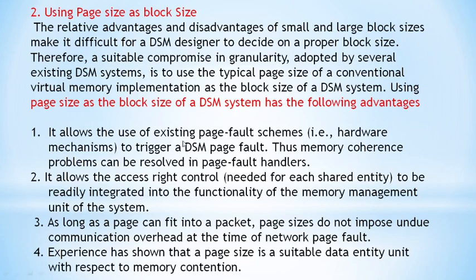So the memory coherence problems can also be resolved. So one advantage of considering the block size as page size is we can use the existing page fault schemes, that is hardware mechanisms, and we can avoid the memory coherence problems also.